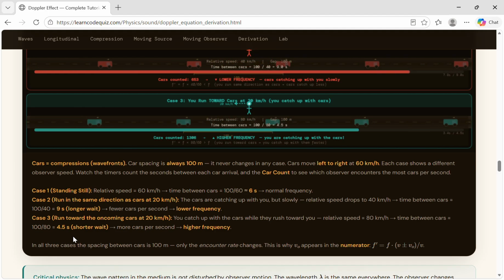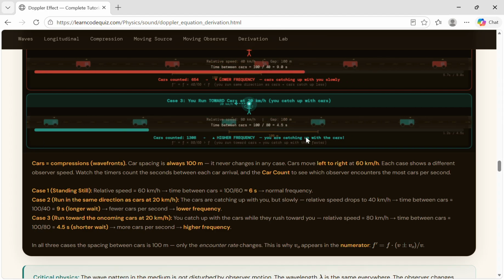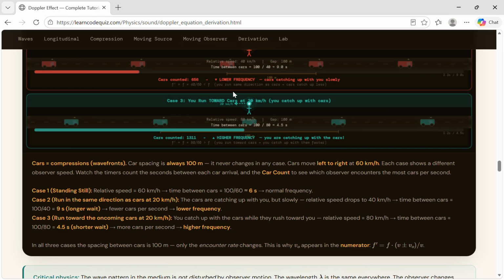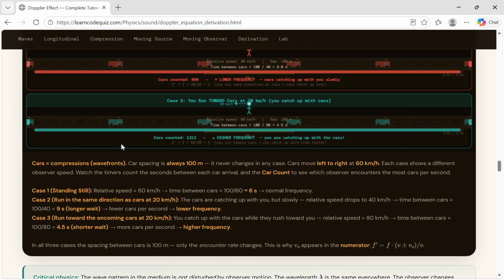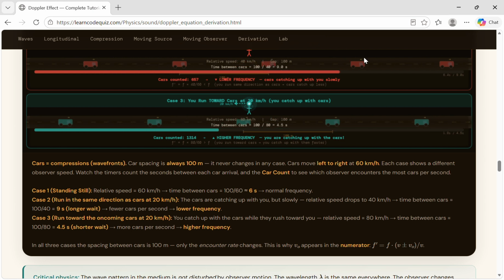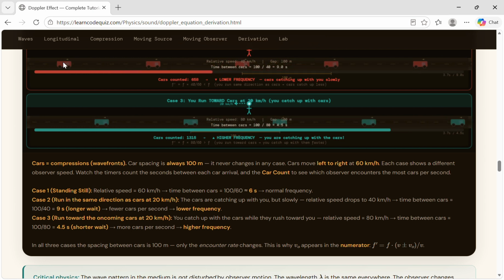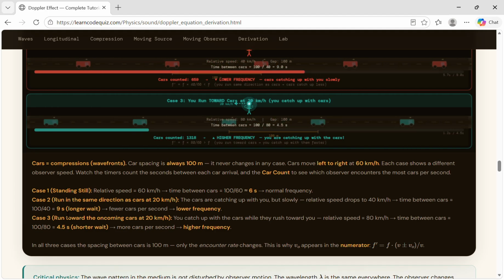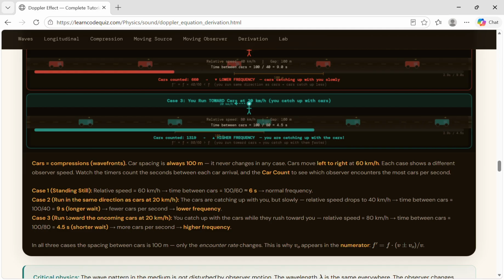So you are seeing more cars, right? This looks like going faster. And in the second problem, where you are moving away from the source, it's going to take longer, 9 seconds. You see a car after every 9 seconds.